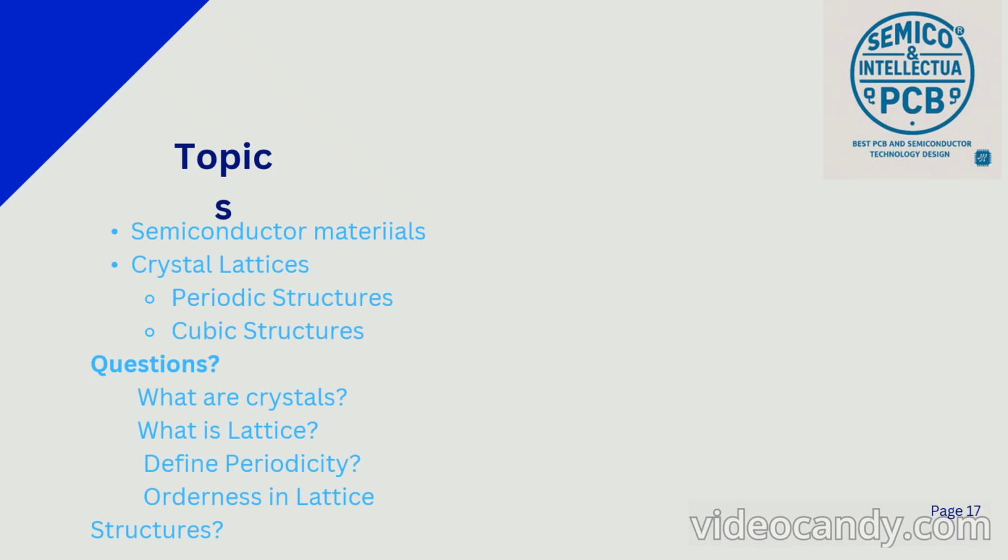The key questions will be what is the meaning of crystals, what are lattices, and what is periodic arrangement and order in solid state materials, specifically the orderly structuring of solid state materials.